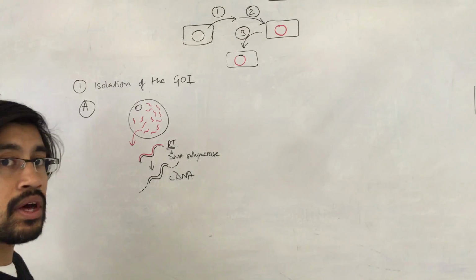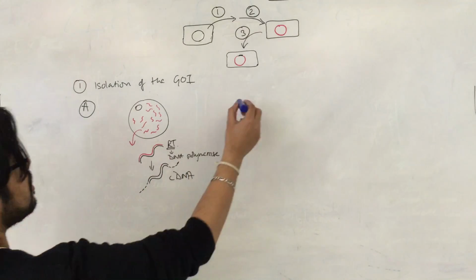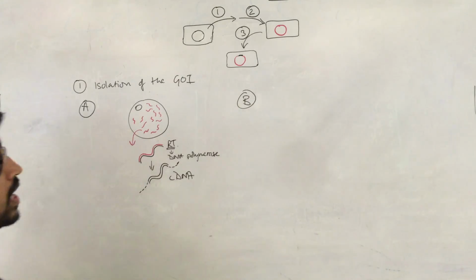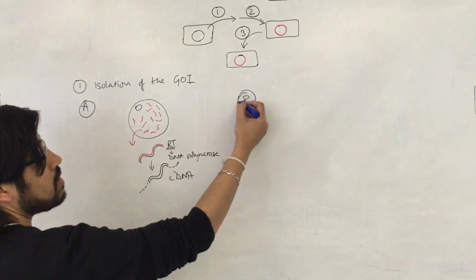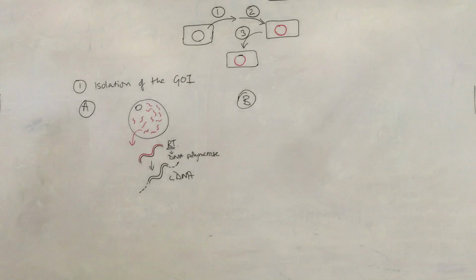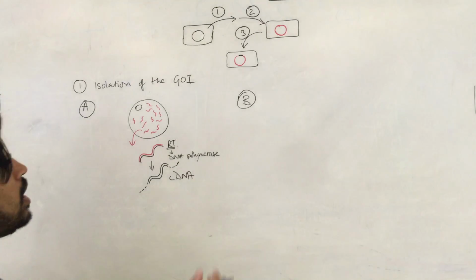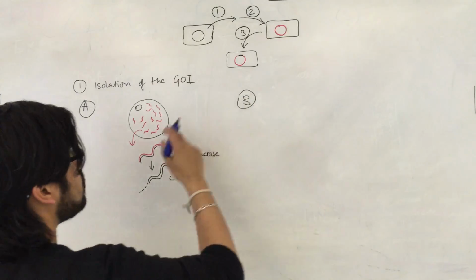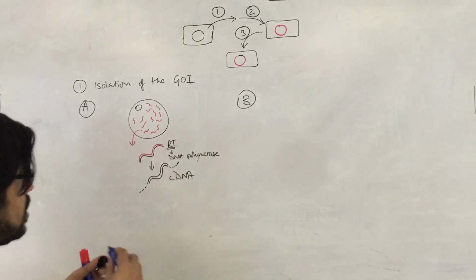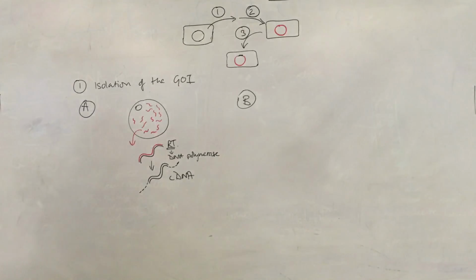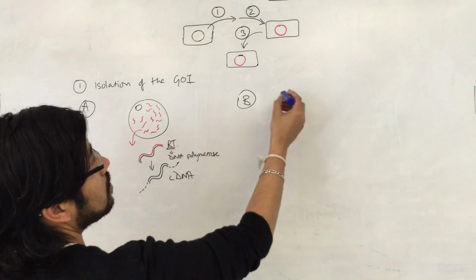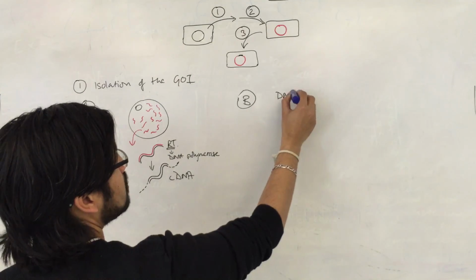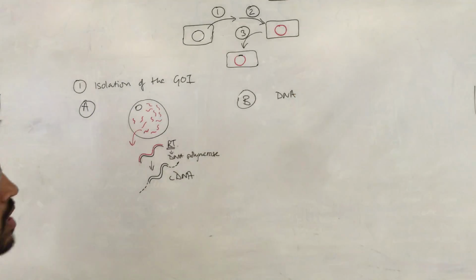You can do this another way as well. So this is the other way, and this is a way that you can also use to essentially do the same thing. So what you could have again is the DNA of a cell, okay? So you can extract the whole genomic DNA of the cell.